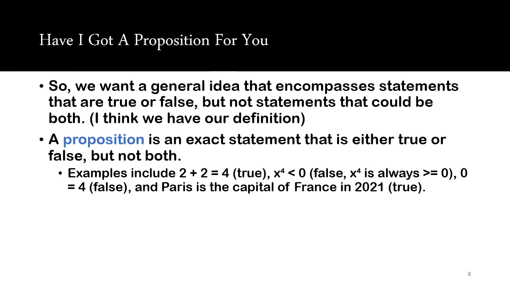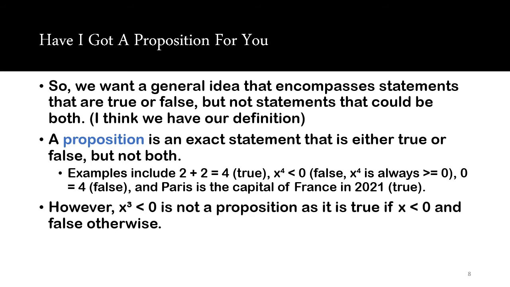And Paris is the capital of France in 2021, which is true. However, x to the 3rd is less than 0 is not a proposition, as it is true if x is less than 0 and false otherwise. That means it has variable truth value and therefore is not a proposition.